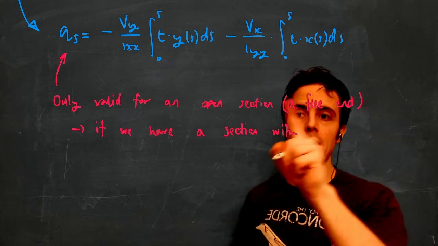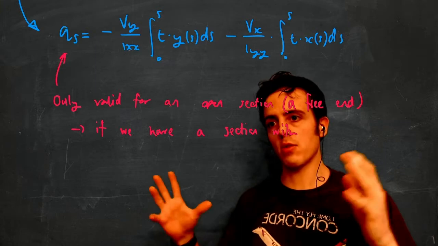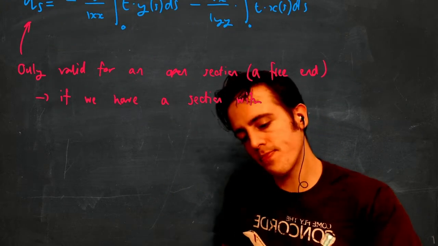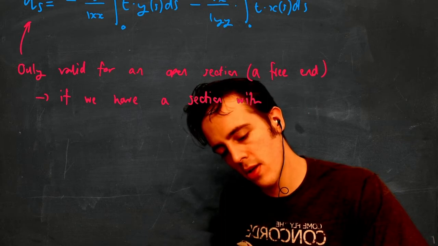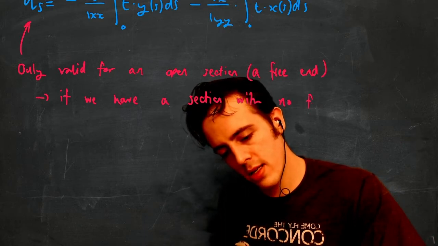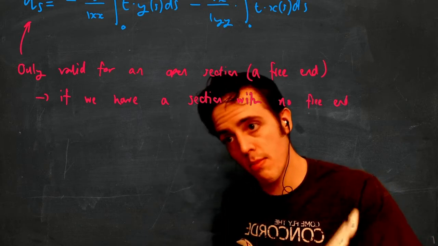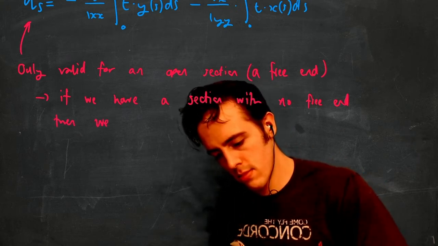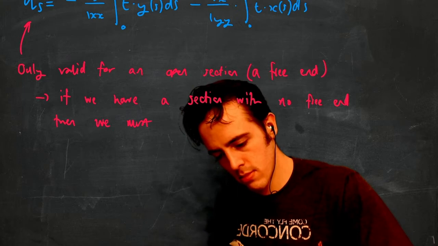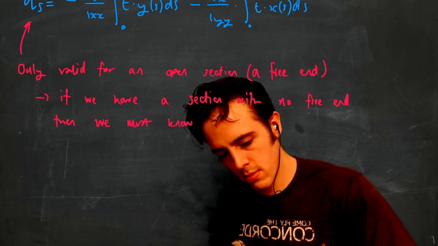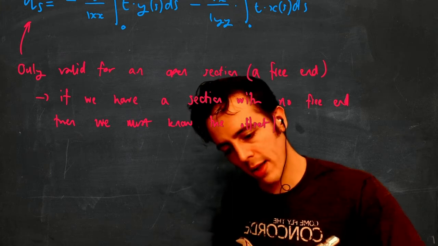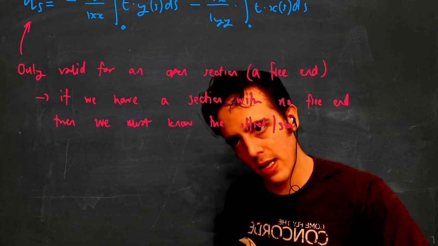So this is only valid for part of the open section with the free end, where we know that it starts at 0. So if we have a section with no free end, then we must know the starting value. Here, in brackets, the offset or the starting value.